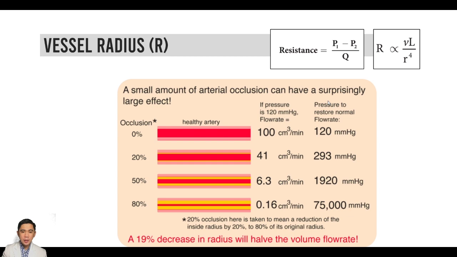Second, the values over here represent the pressure needed to restore normal flow rate to 100. Let's say 20% occlusion. You will have to double your pressure in order to maintain the same flow rate. This is very applicable to those with high blood pressures, especially if they have occlusion in their arteries. So probably with a little less than 20% of occlusion, you will increase your blood pressure.